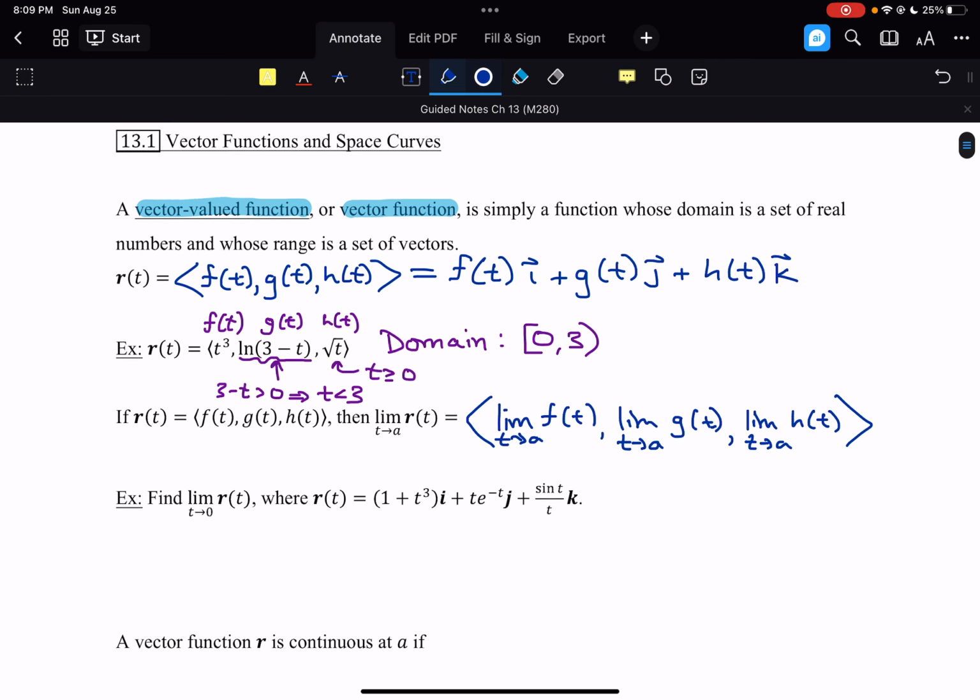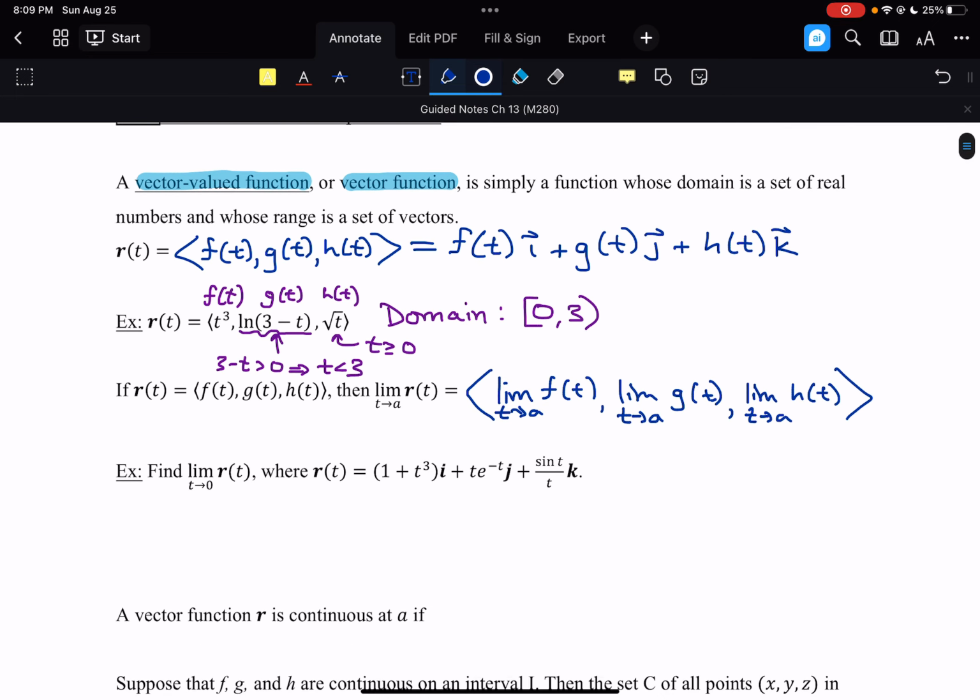So if we had an example like this one that said find the limit of this vector function r of t as t approaches 0, we would get limit as t approaches 0 of r of t.